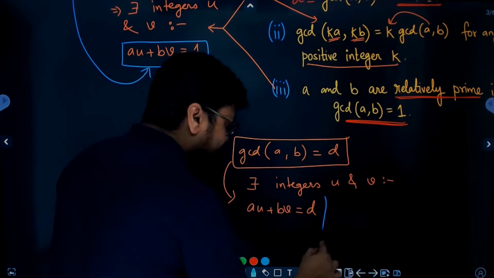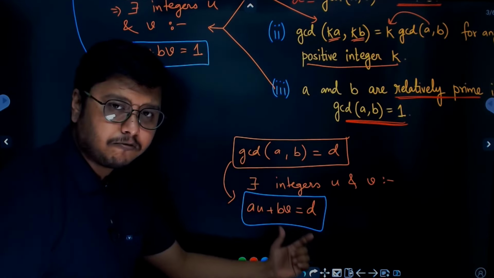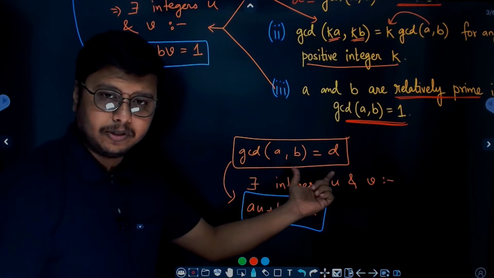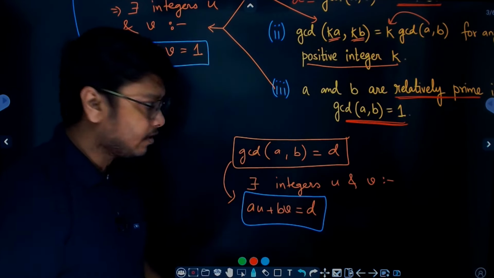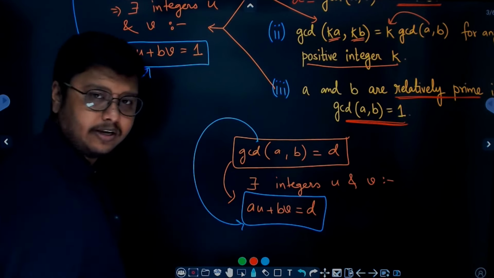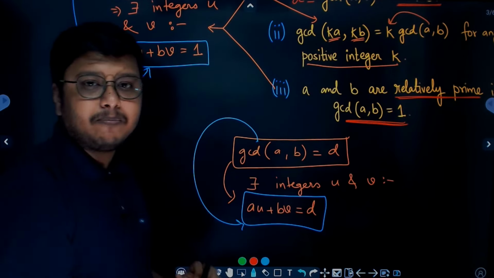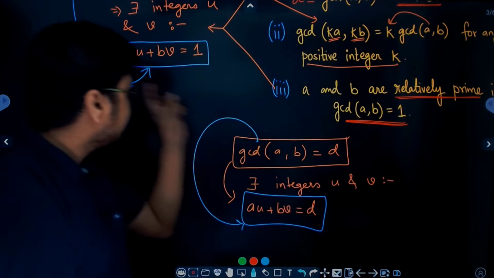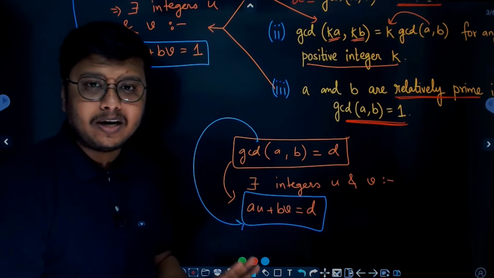So this is the equation format of this given information. So from now on, whenever GCD information is given, this is how we are going to convert that into an equation. When relatively prime information is given, this is how we are going to convert that into an equation.